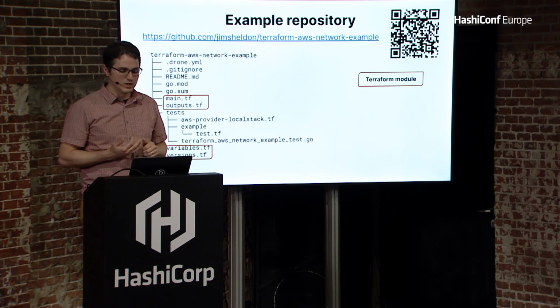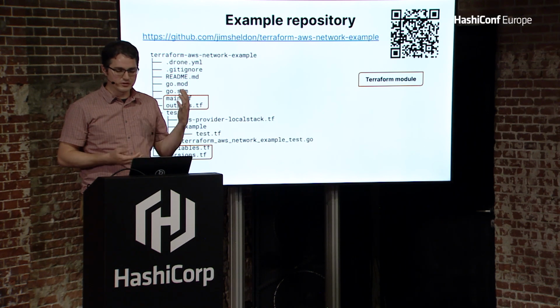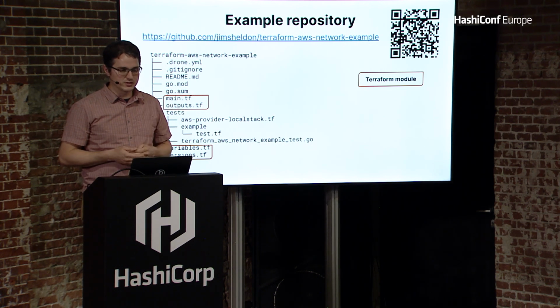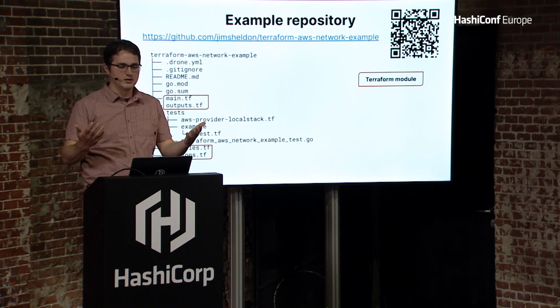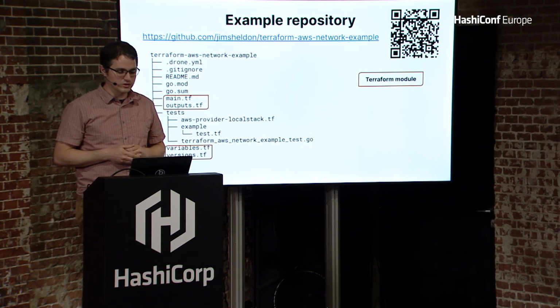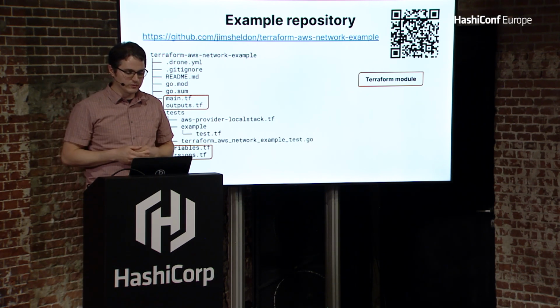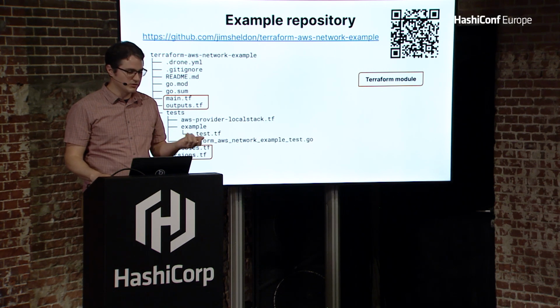Main, outputs, variables, and versions. So main defines all the resources. Outputs defines information you want to get back out of your created infrastructure as variables or outputs. And then variables, which is anything you take as input. And versions defines the versions that your module is compatible with.